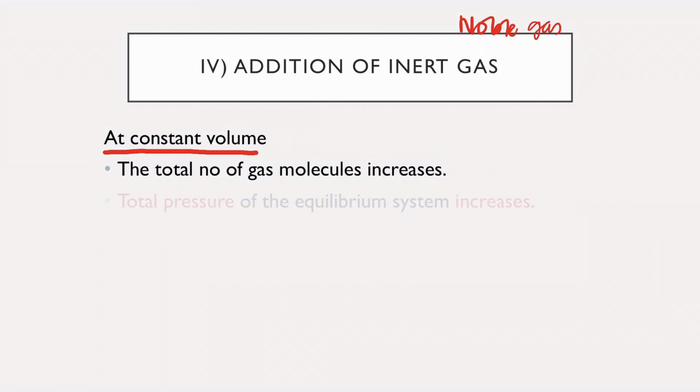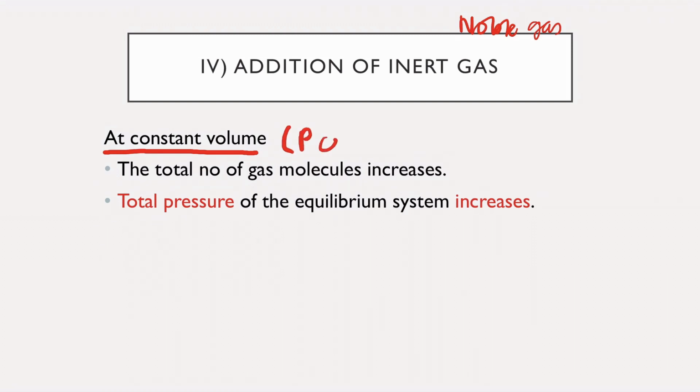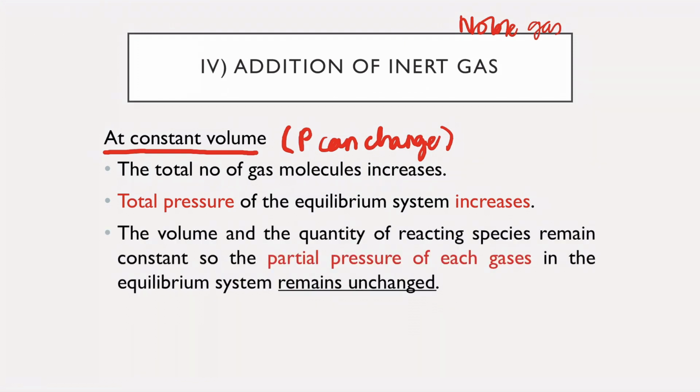So, what happens then? At constant volume, maksudnya your pressure can change. Okay? Pressure of gases can change. So, the total pressure of your equilibrium system will increase. Okay, so the volume and the quantity of reacting species remain constant.